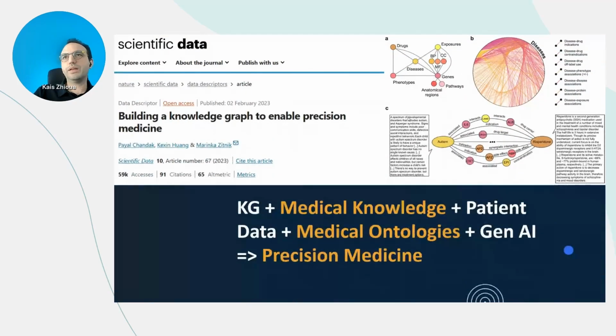So these are the kinds of limitations, but I'm quite confident that a lot of interesting things will be happening in the coming months and years, especially with this Nature paper that was published almost 2 years ago now. And this is one of the largest knowledge graphs in the healthcare sector.